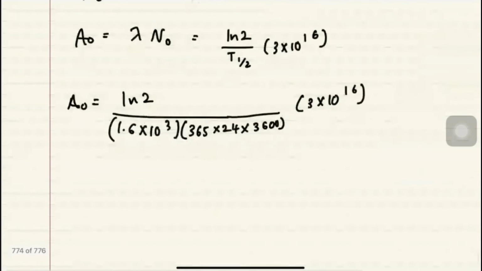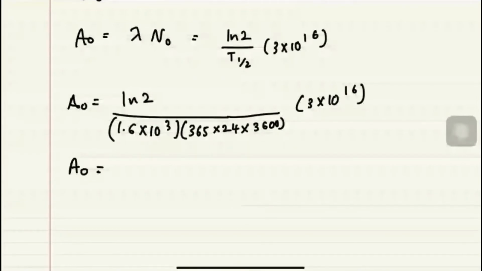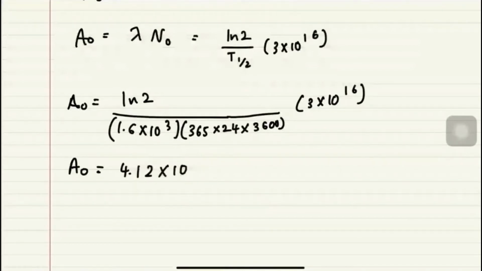Okay, so your A naught is 4.12. Nampak tak? 10 kuasa 5.